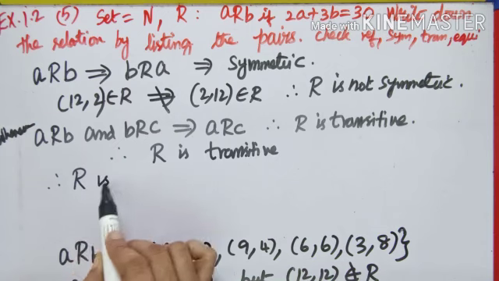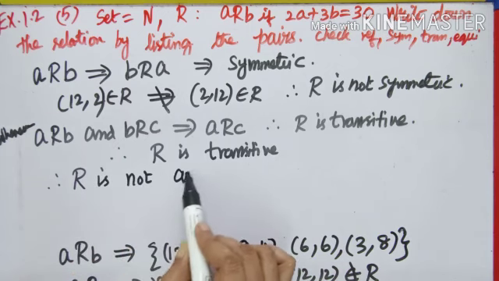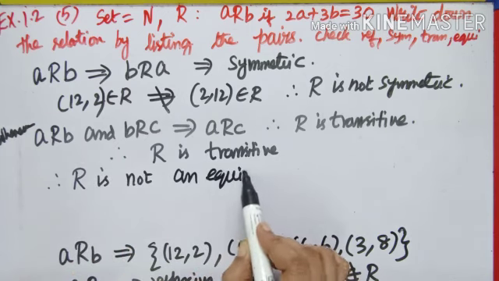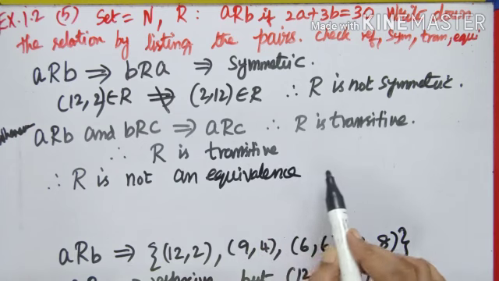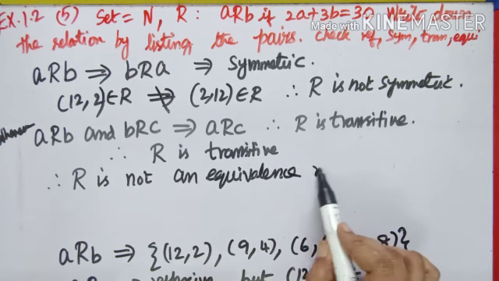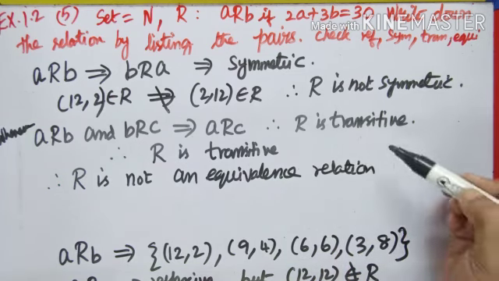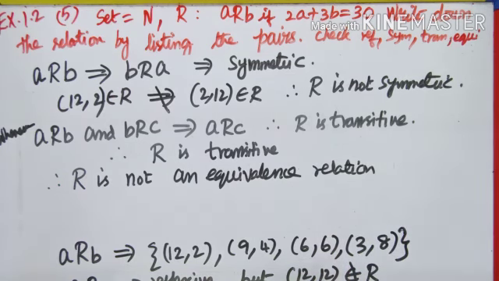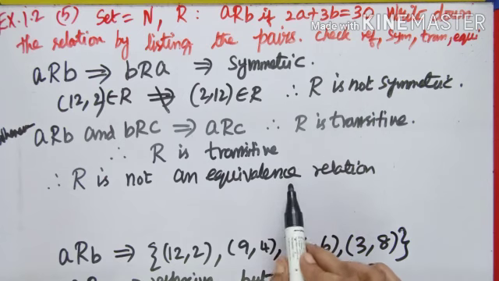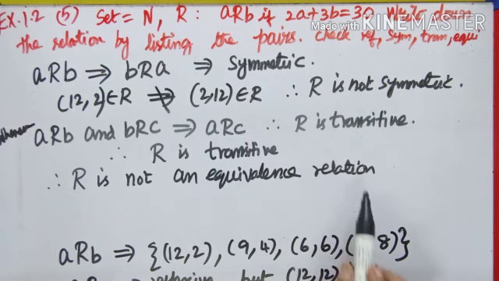Therefore, R is not an equivalence relation. Let us remember, a relation is equivalence only when it is reflexive, symmetric and transitive. Even if one idea fails, I will immediately declare it is not an equivalence relation.